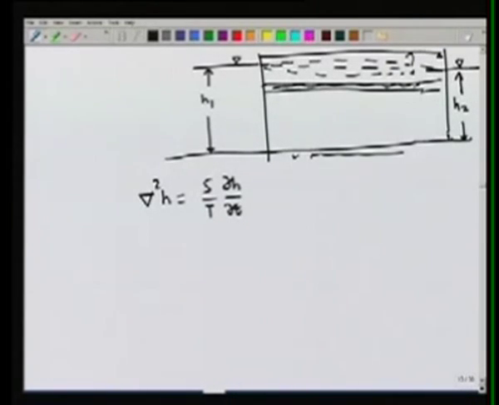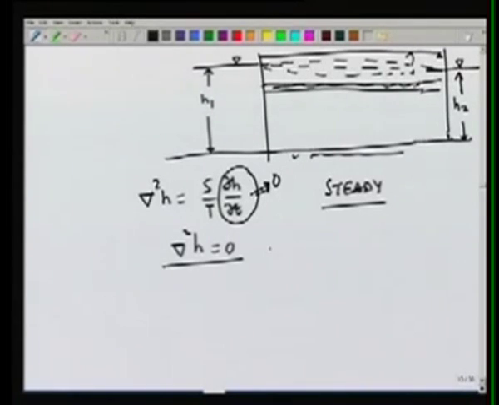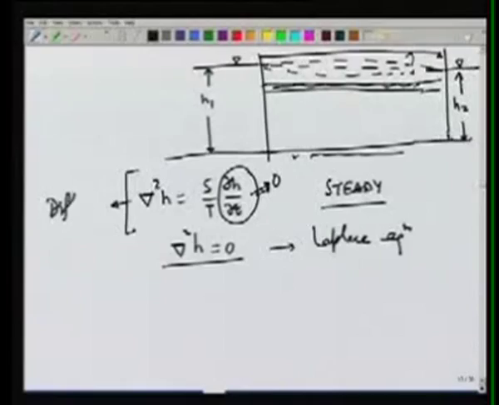Now, if we make the assumption that the flow is steady, then del H by del T will be equal to 0, because steady means the parameters are not changing with time, and therefore we will get a simple equation which is known as the Laplace equation.